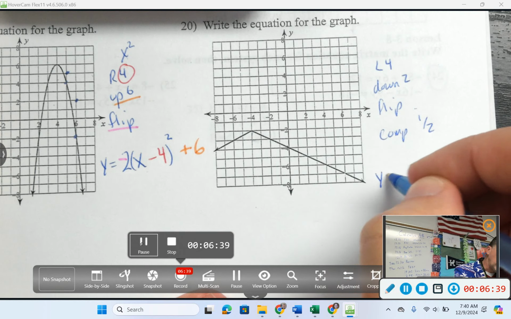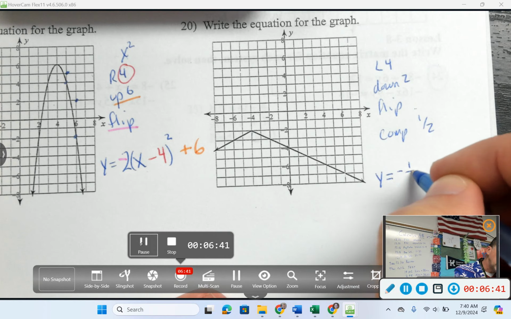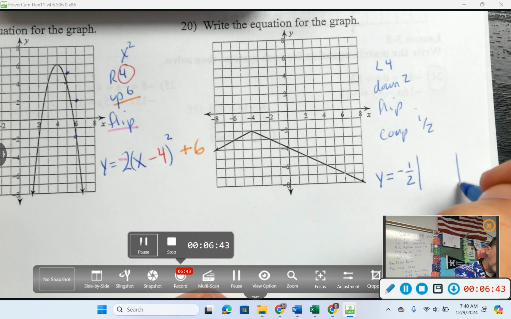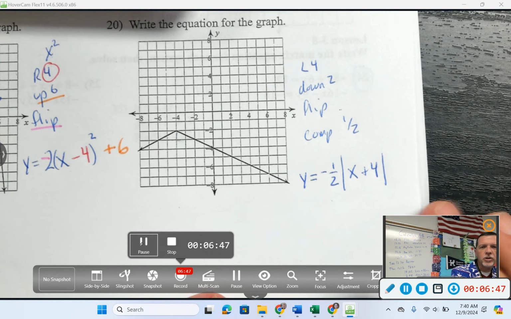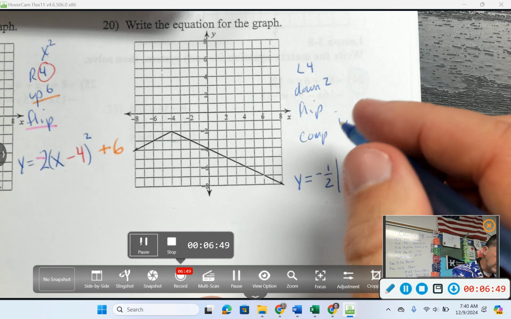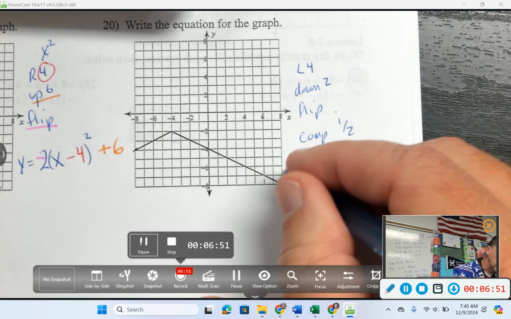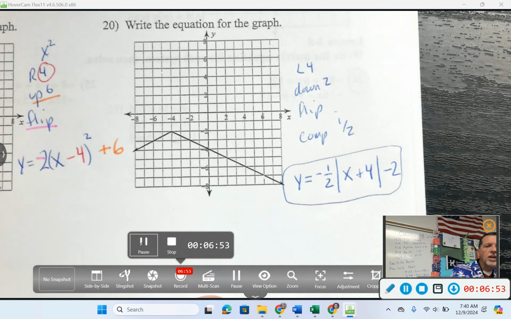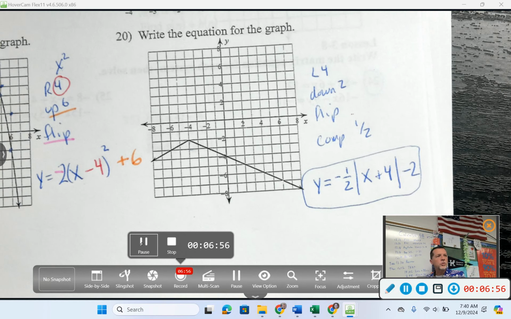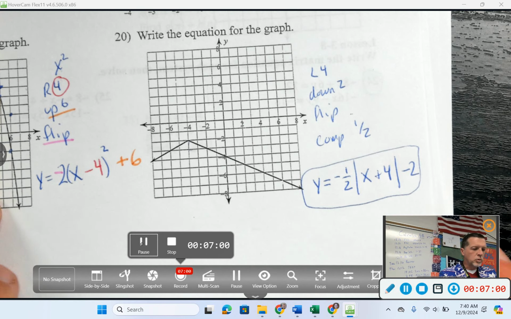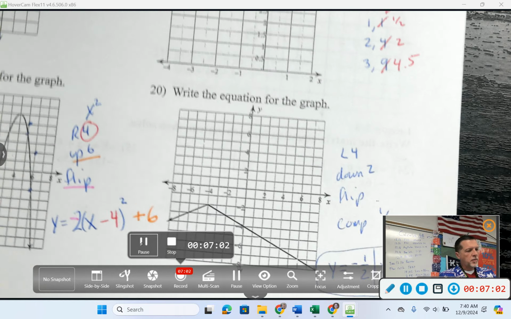Okay, so y equals flipped stretch, that's the negative 1/2. X plus 4 would give me my left 4. And then minus 2 would be down 2. Hopefully that's old news for you guys. At least once it's refreshed in your brain, you remember the rules for transformations.